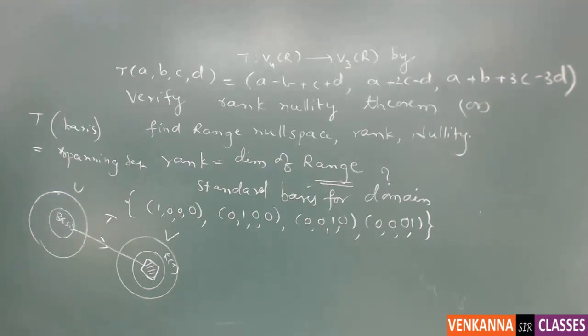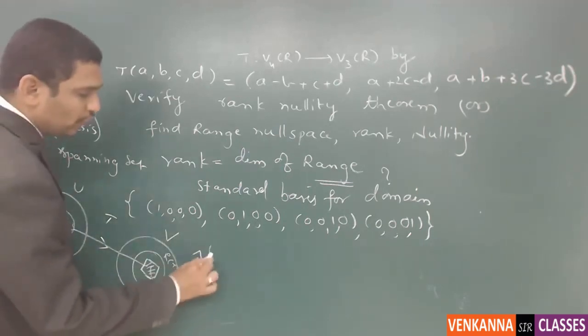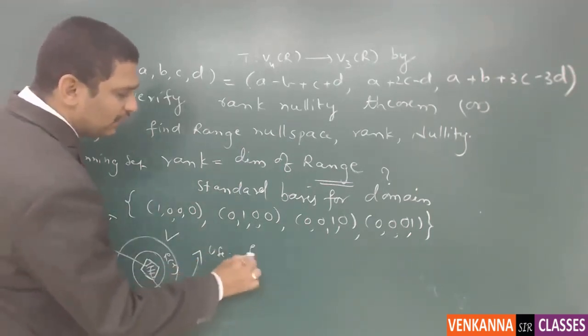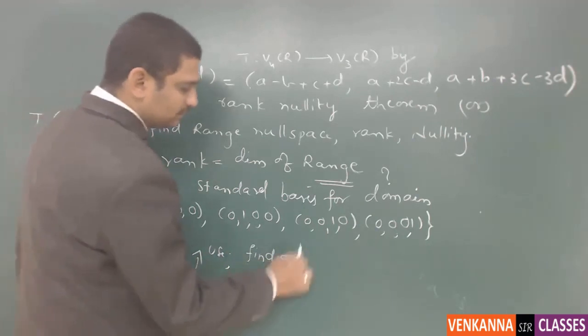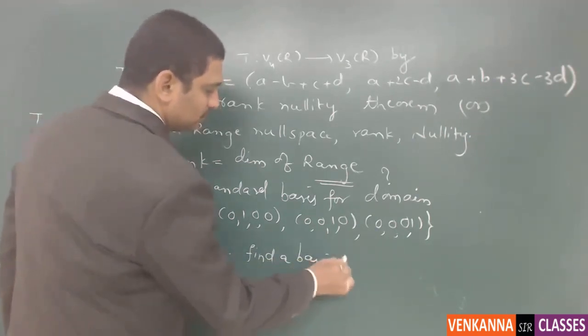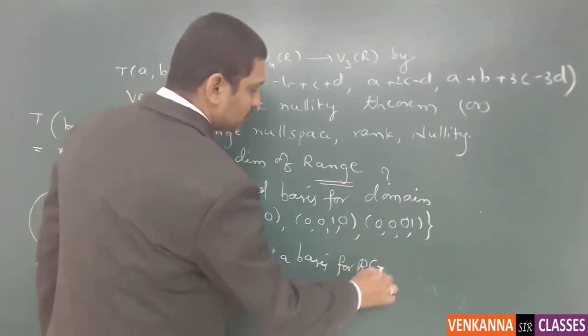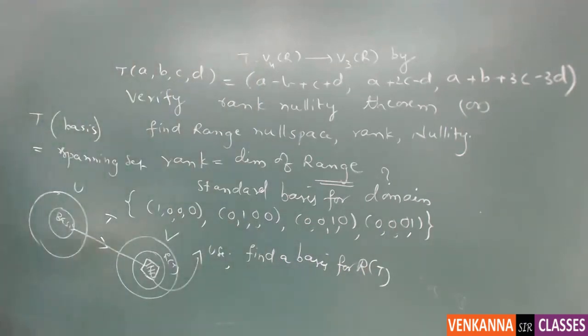Is the idea understandable? Right. If you know this spanning set, we use it and find a basis for R of T. So let us calculate the images first.